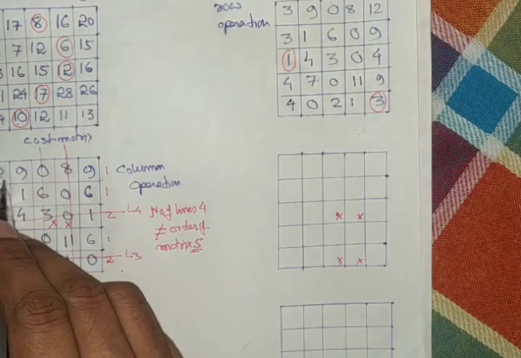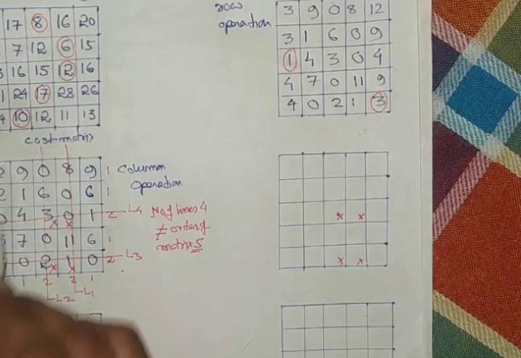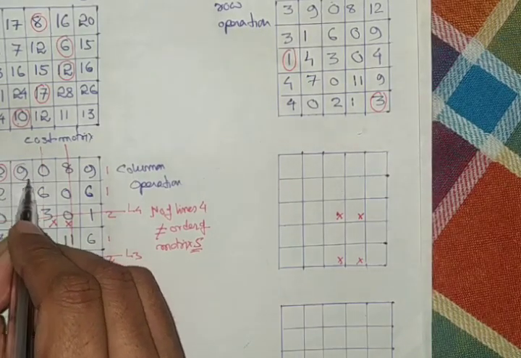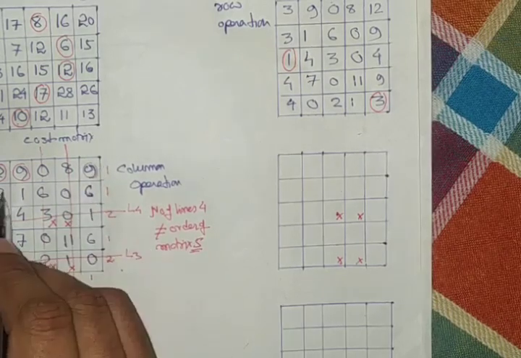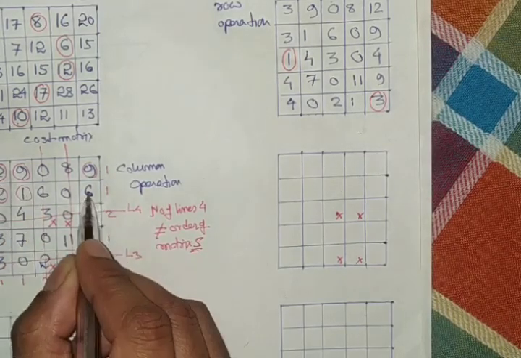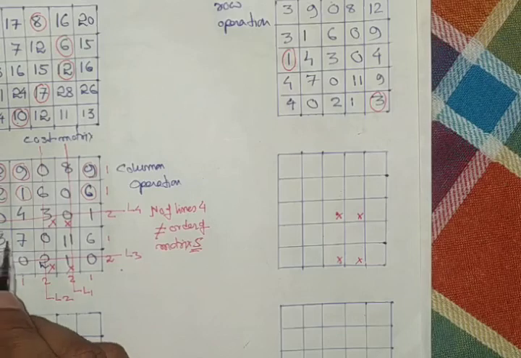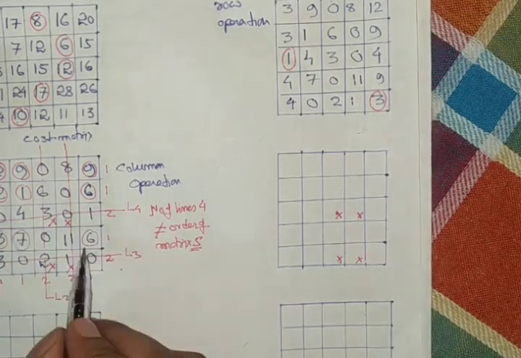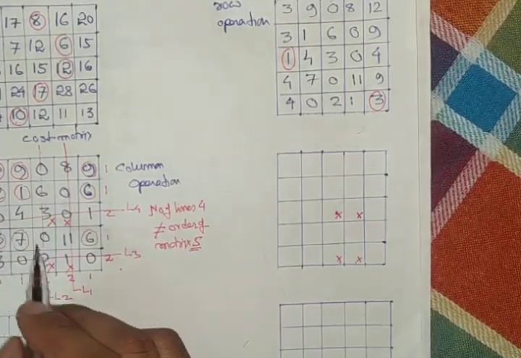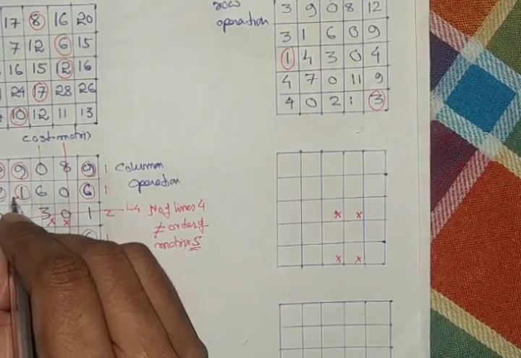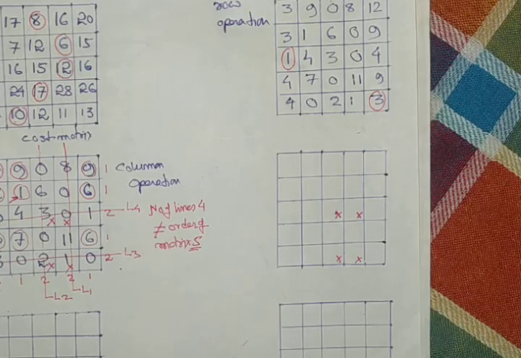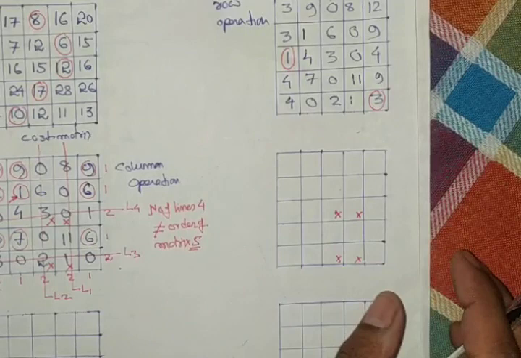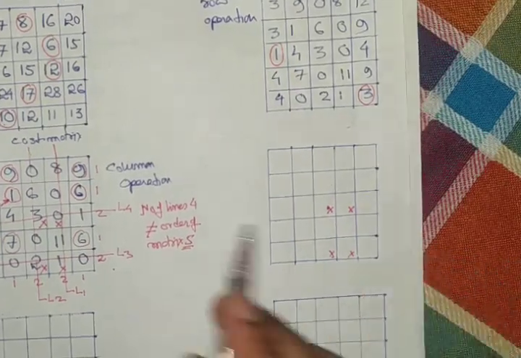Let's check the uncovered elements. The uncovered elements are 2, 9, 9, 2, 1, 6, 3, 7, 6. Among the uncovered elements, 1 is the smallest. So subtract 1 from all the uncovered elements in their respective positions.